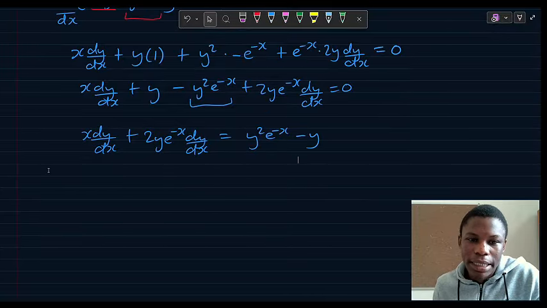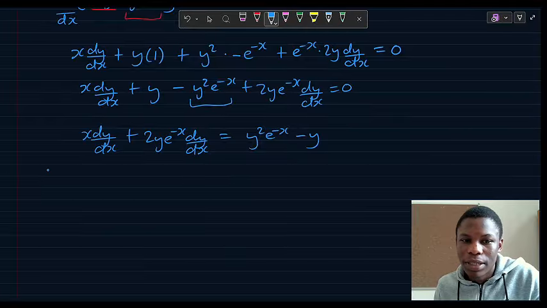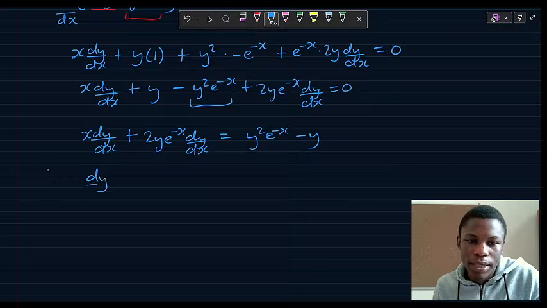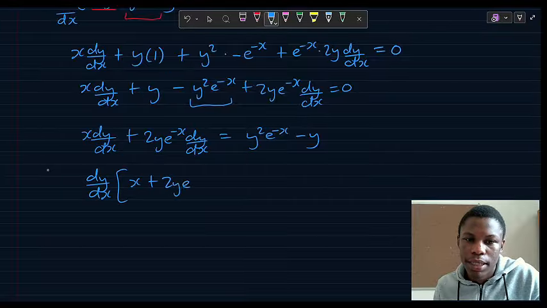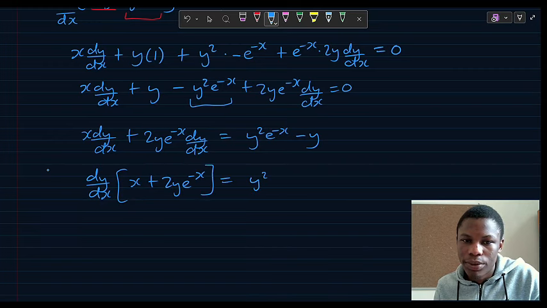Okay, now factor out dy dx on the left, dy dx times x plus 2y e to the negative x, and this is all equal to y squared e to the negative x minus y.